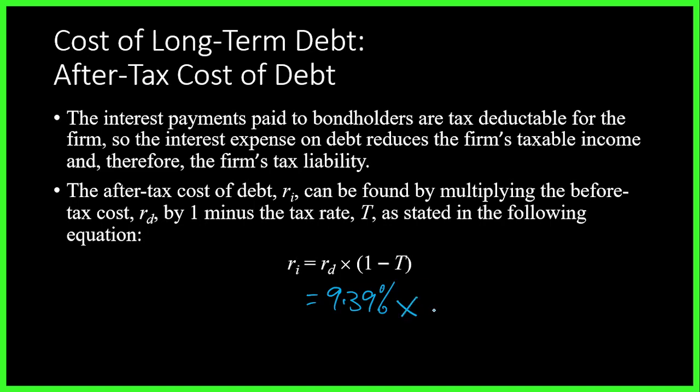Times, if your tax rate is 40%, you multiply that by 1 minus 40%. And in this case, that will be 60%. Hindi na ako nag-round off, no? Naka-memory in na lang, times 0.6.